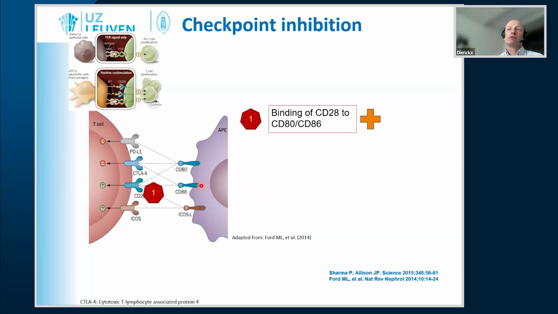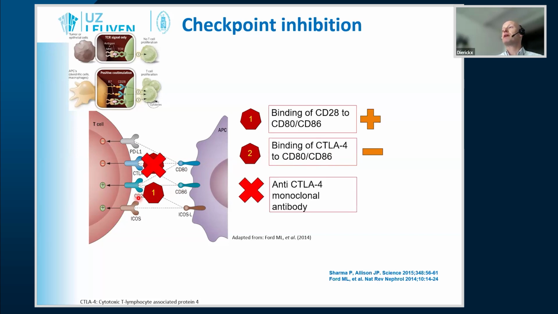However, if you have a virus, you don't want the immune system to be activated lifelong, so there will be a counter activation, so you will have expression of CTLA4 on the T cell, and CTLA4 will bind also to CD80 and CD86 instead of CD28, and this will stop the immune response. Of course, in cancer, we want to go on with an immune response, and therefore we now have an anti-CTLA4 monoclonal antibody, which leads to continuous activation.